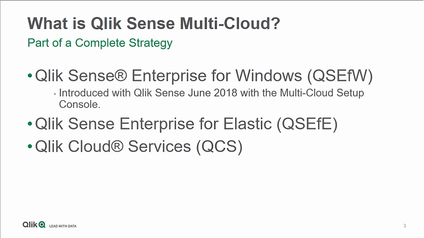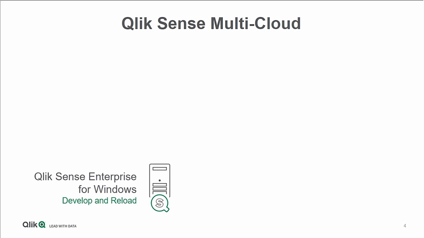So with that, the next slide is a visual representation of what this multi-cloud strategy looks like and how things are currently laid out. You're starting with QlikSense for Windows, as you can see.